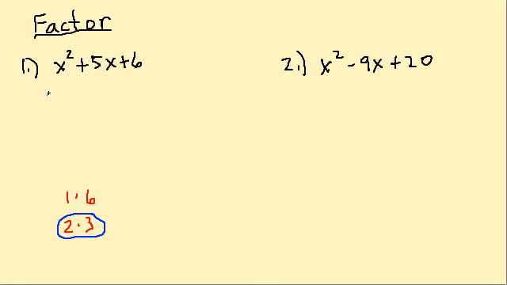So I have my two sets of parentheses, and in the first spot I know I'm going to have to use x and x, because x times x is the only thing that will give me x squared. And then I'm going to use positive 2, positive 3, so that's x plus 2 times x plus 3.